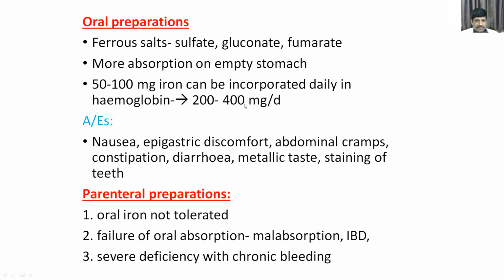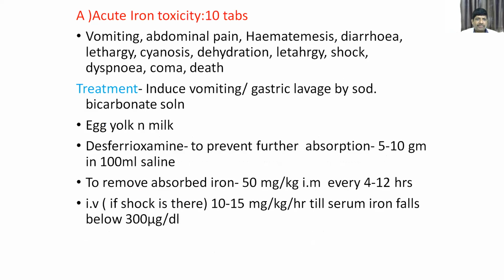Then parenteral preparation, and the advantages of parenteral over oral preparation or oral over parenteral, and disadvantages. Likewise, questions may be asked on which dosage form is given in which condition.